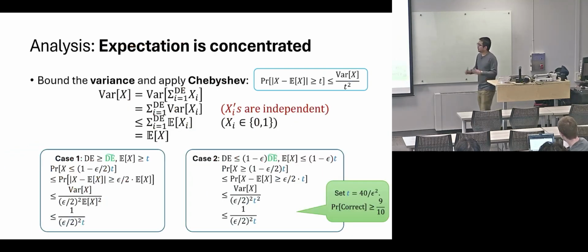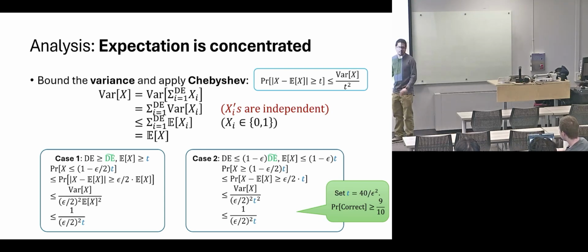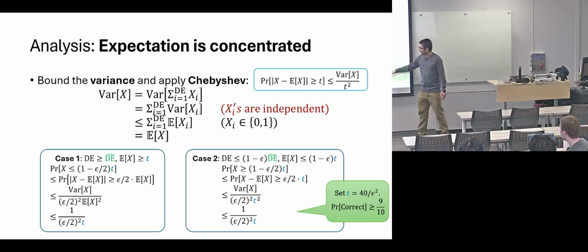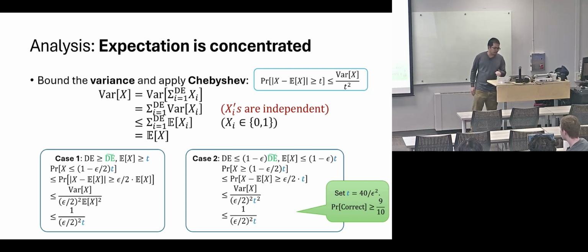It turns out that with a similar calculation, almost the same, just some algebraic manipulation, you can again get to this thing: in the case when dE is less than 1 minus epsilon times dE theta, you're going to output something wrong with probability 1 over (epsilon over 2) squared times t. So if you set t to be this big, in this case too, we're going to be wrong with probability at most 1/10.